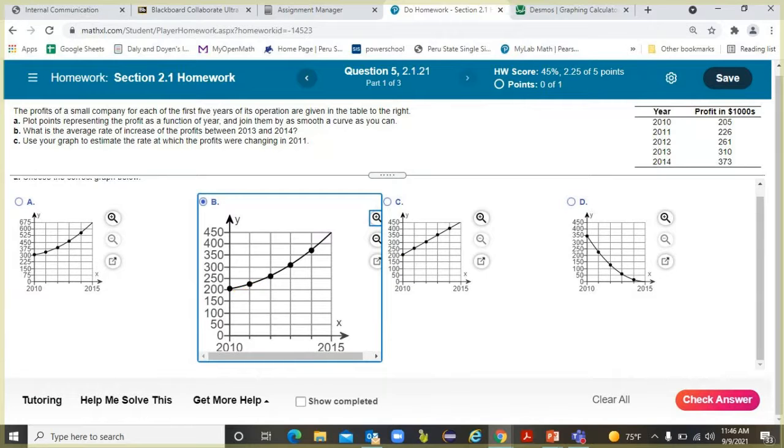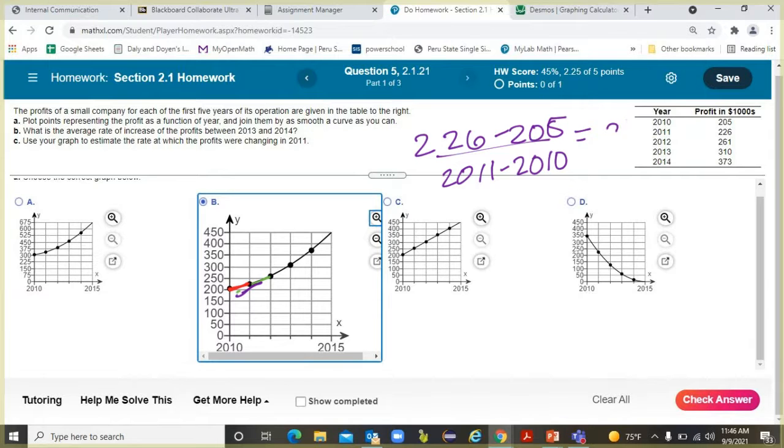But what I like to do is just kind of average the slope of this secant line and the slope of this secant line. And then if I just take their average, it seems like that's kind of close to the tangent line. So that's what we're going to do. So let's just find what was the slope from 10 to 11. Well, it was 226 minus 205 divided by 2011 minus 2010.